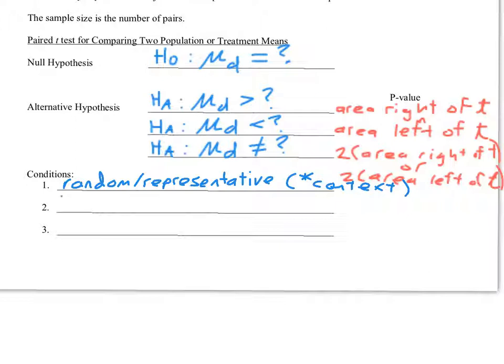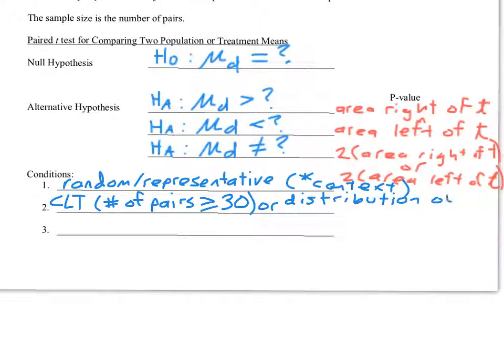So either with the CLT, which means the number of pairs, so not the total number, the number of pairs has to be at least 30, or the distribution of differences is approximately normal.